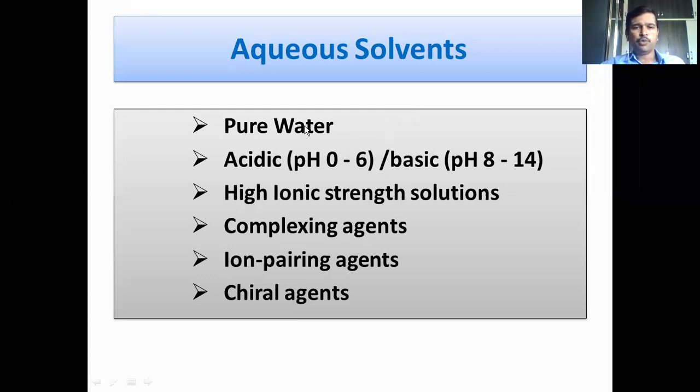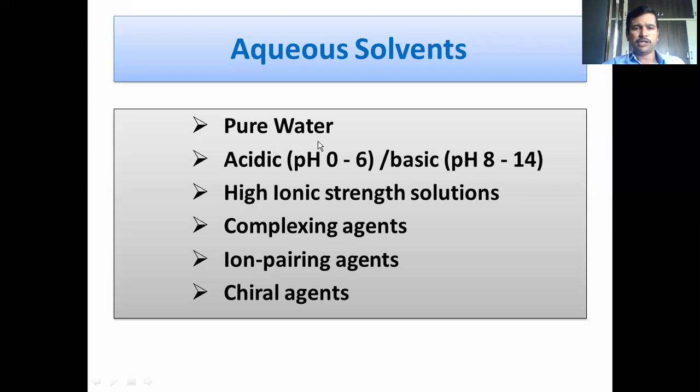More commonly, pure water is used as the aqueous solvent. Purity is very important. It should not be contaminated with any unwanted species, because we intend to have the chemical species after separation with the most purity. Therefore, the purity of the solvent is also very important.